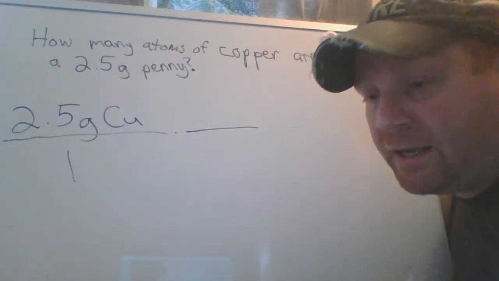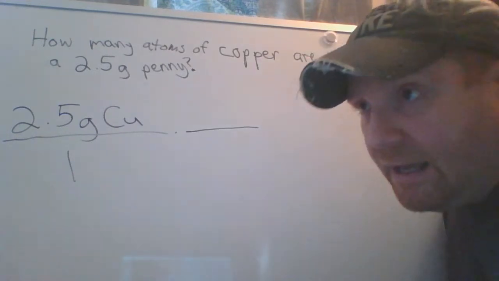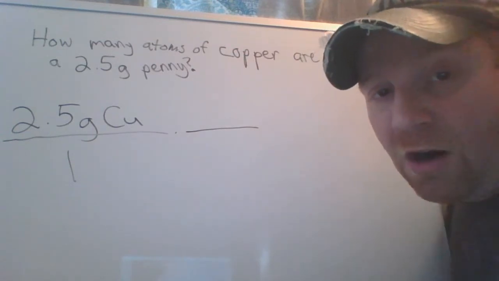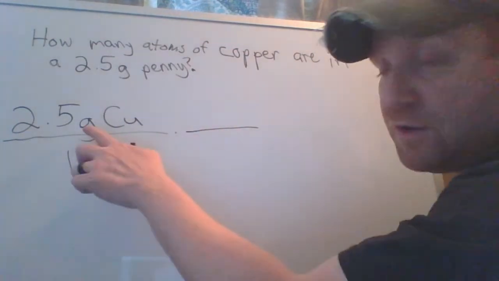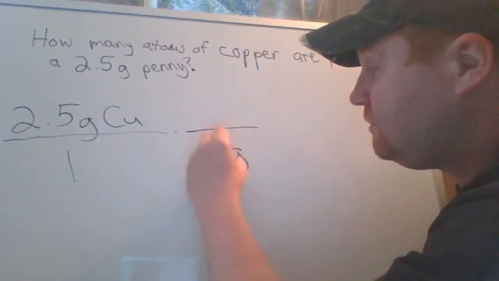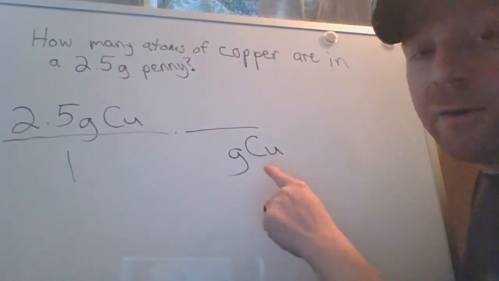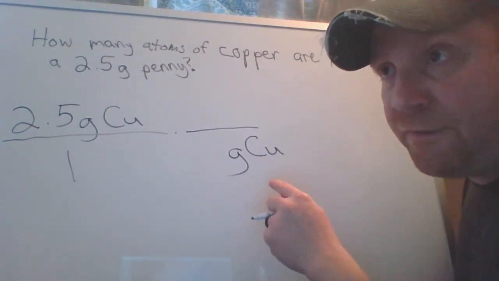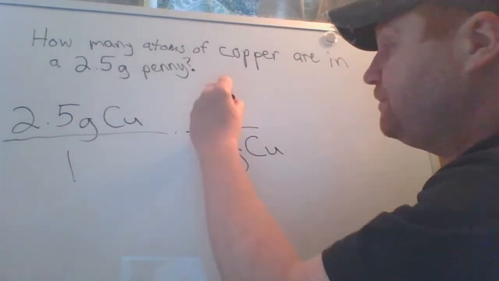So picture a penny. One single penny, it has a mass of 2.5 grams. Let's figure out how many atoms there are in that penny. I'm first going to bring down the unit, not the number, the unit, grams. Grams of copper. I'm going to use the molar mass, which is on the periodic table, and I'm going to convert grams into moles.